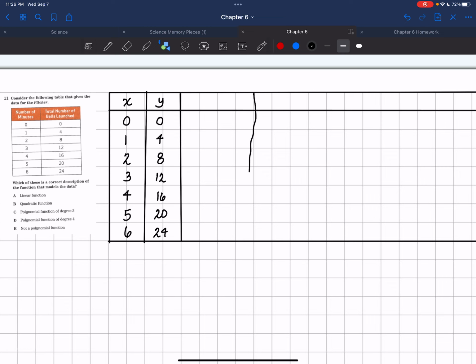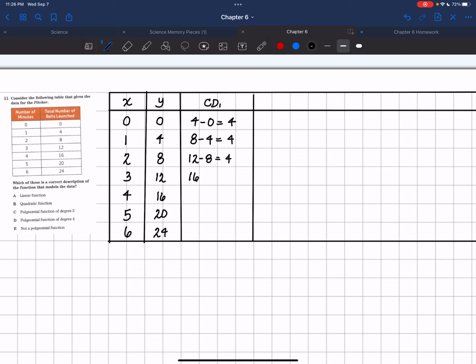So let's take this first column and call that consecutive difference number 1. So I have 4 minus 0 is 4. 8 minus 4 is 4. Now don't get all happy and stop right there, because that still could go a different way. But it's looking pretty good for linear.